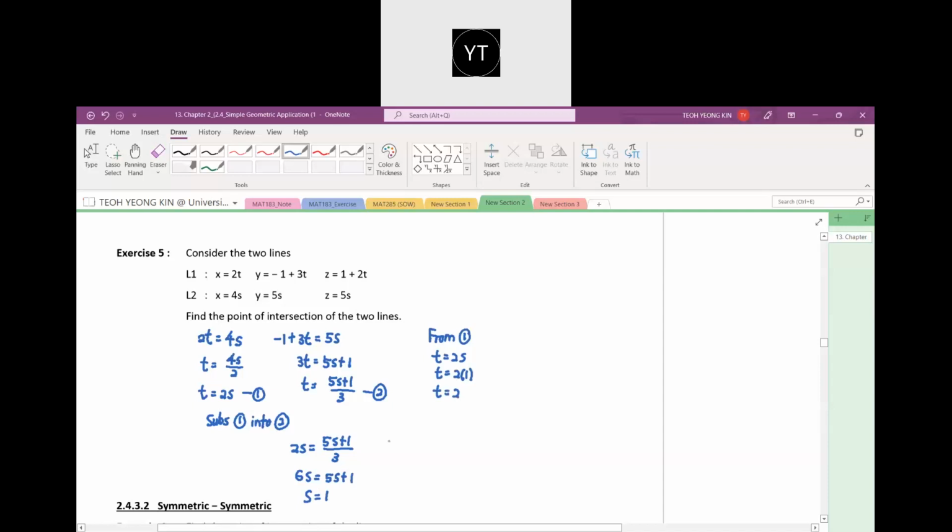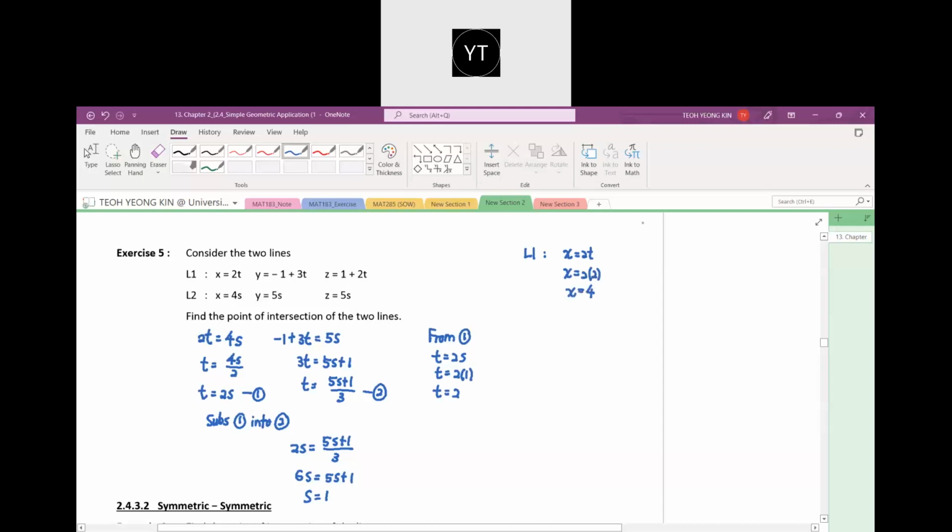Now we already have the values of t and s. We can substitute into L1 and L2 to find the x, y, and z coordinates. Let's say from L1, x is equal to 2t. Since our t is 2, x is equal to 2 times 2, so x is equal to 4.